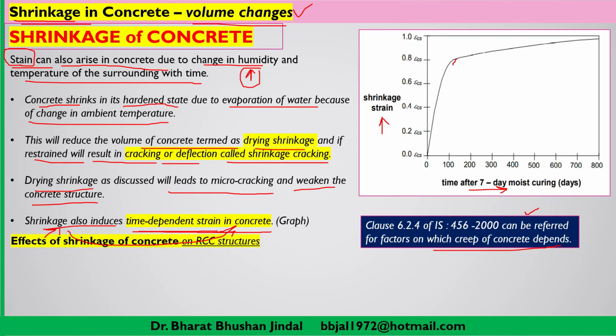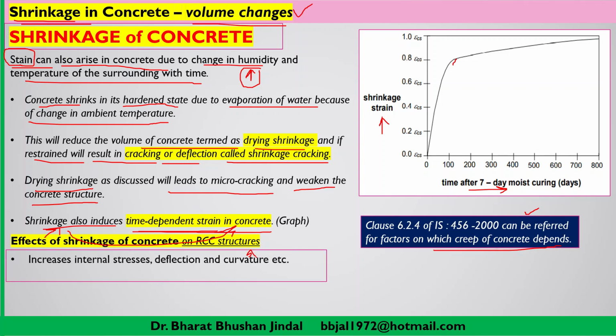Now, what will be the effect of shrinkage of concrete on RCC? First of all, as we have discussed, if there is any type of shrinkage, then concrete will try to shrink, and if it is restricted from shrinking, then stresses will develop, and it will increase the internal stresses, deflection as well as curvature.